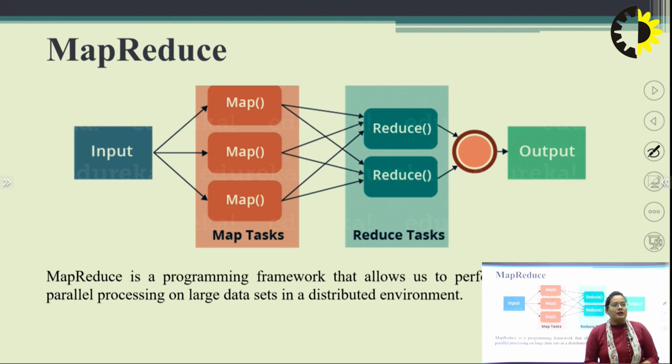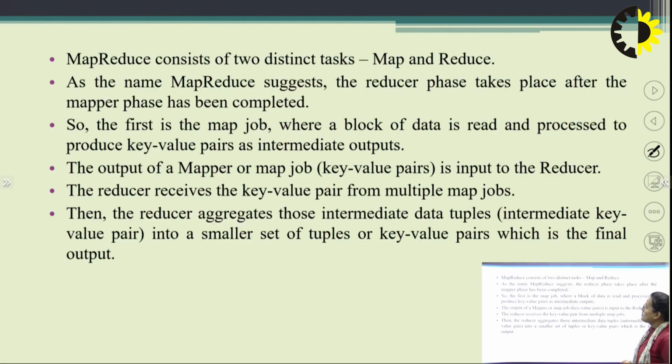Now, the MapReduce framework. MapReduce is a programming framework that allows us to perform distributed and parallel processing on large data sets in a distributed manner. MapReduce basically consists of two distinct tasks: map and reduce.